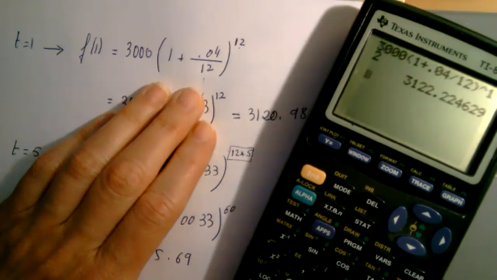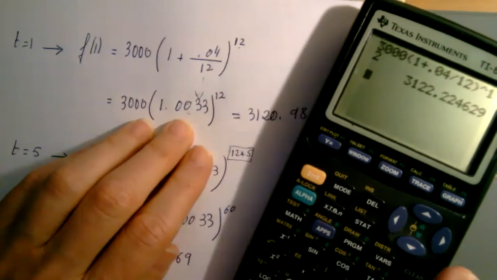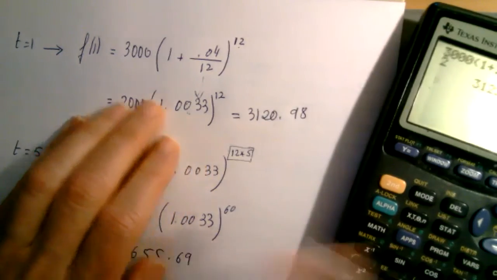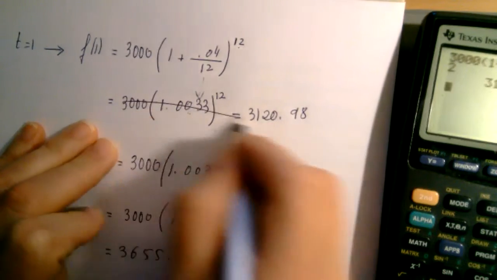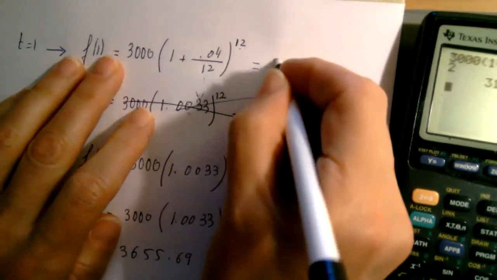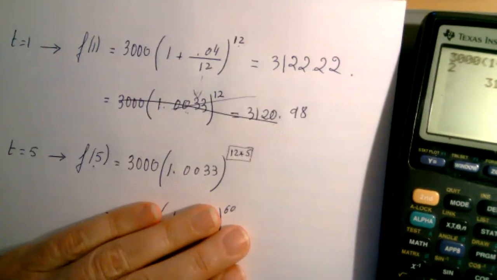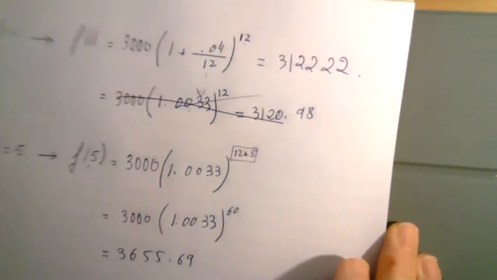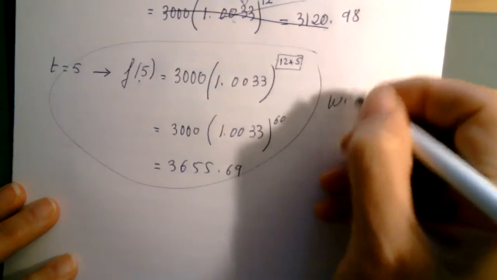That's what the book did. That's exactly what I got, and I did the same thing. The reason I got that answer, I don't know, is because I rounded a little bit more than I should. So the book did not round. If you want it exactly, without any rounding, okay, I'm going to redo t equal to 5 without rounding so we will be on the same page.